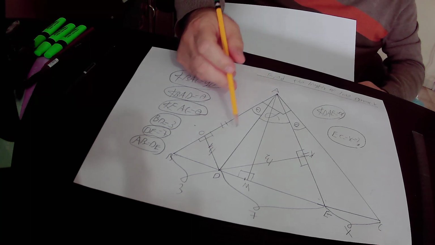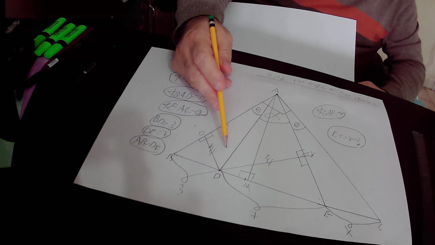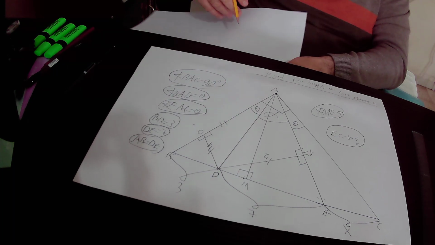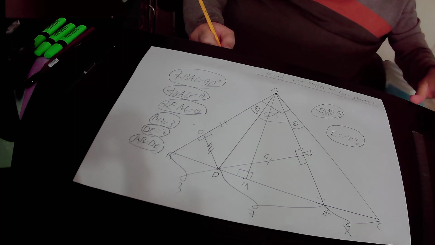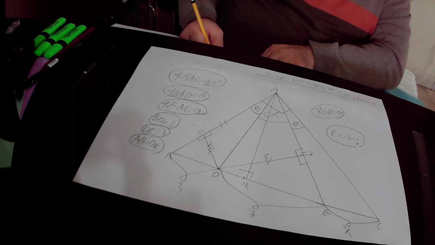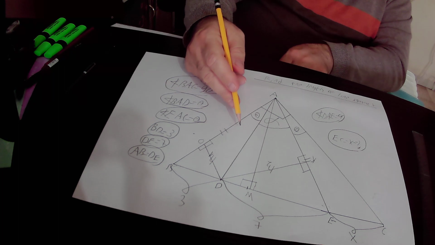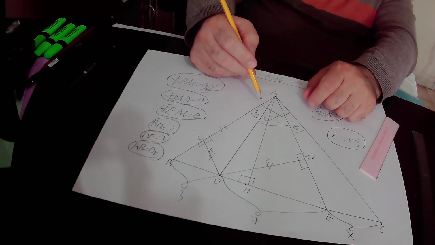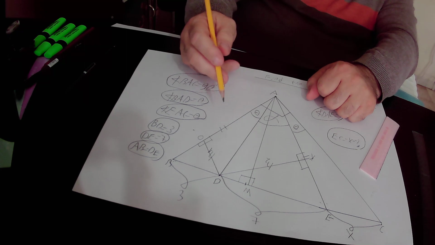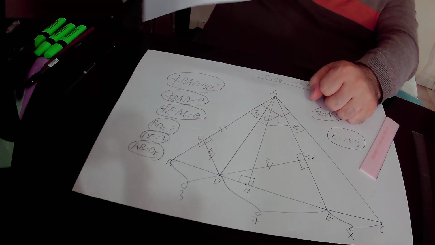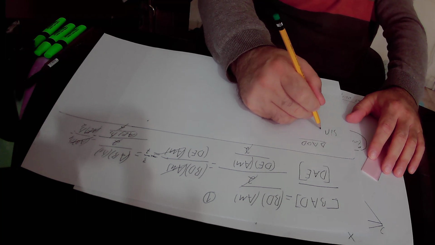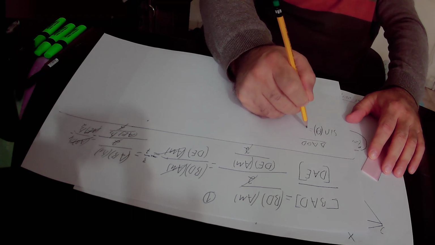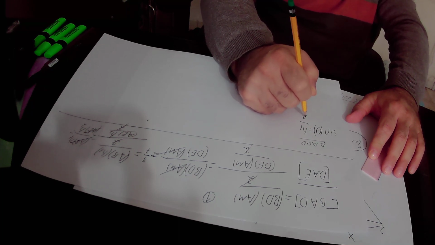If we focus on triangle AOD, the right triangle AOD, then in this right triangle AOD, we know that sine theta equals H1 over AD.